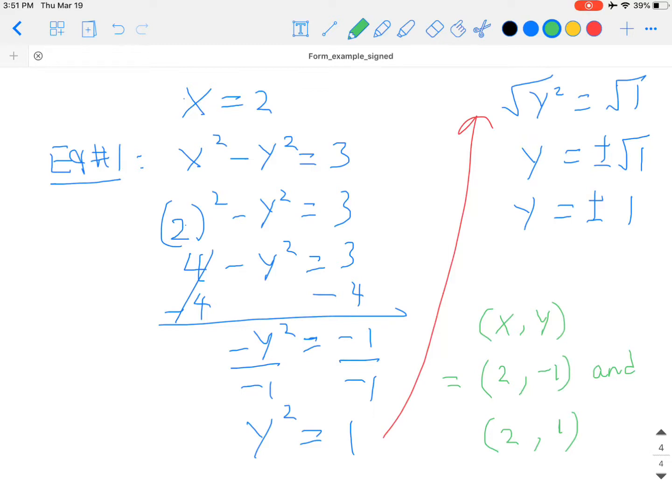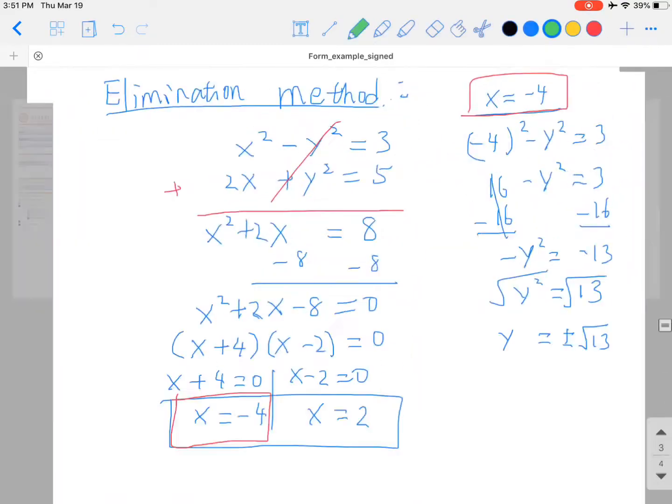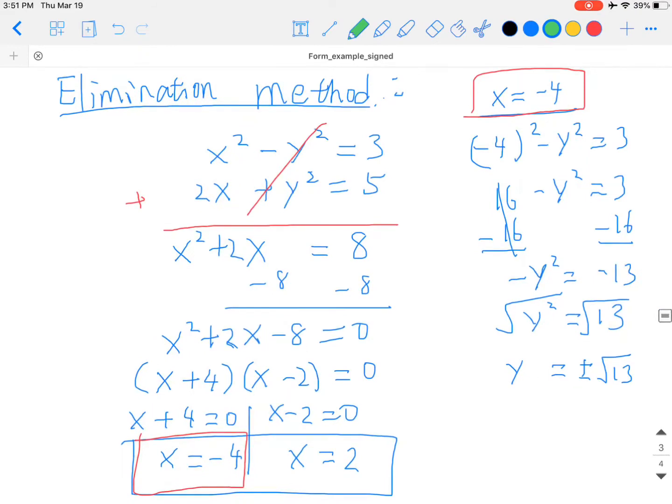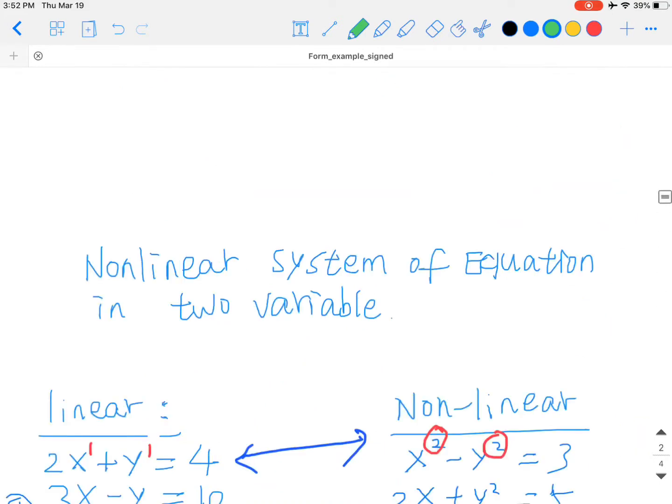But remember, we have 2 x values. So let's go back to the previous one. When I have x equal to negative 4, I will have y equal to positive radical 13, giving negative 4, radical 13. Oh, shoot, I couldn't write.